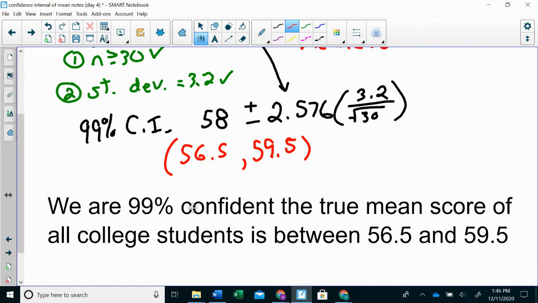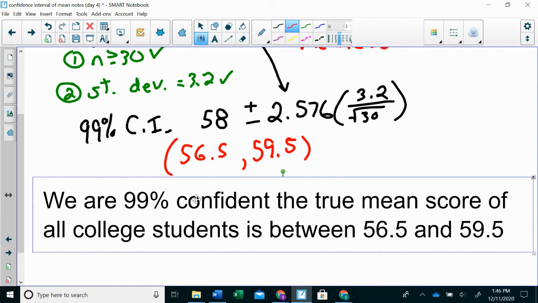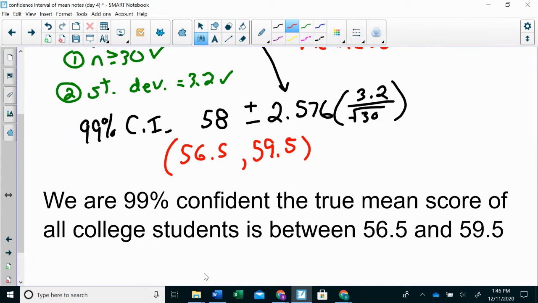There's our conclusion statement. That's our 99% confident statement about the mean of this problem.